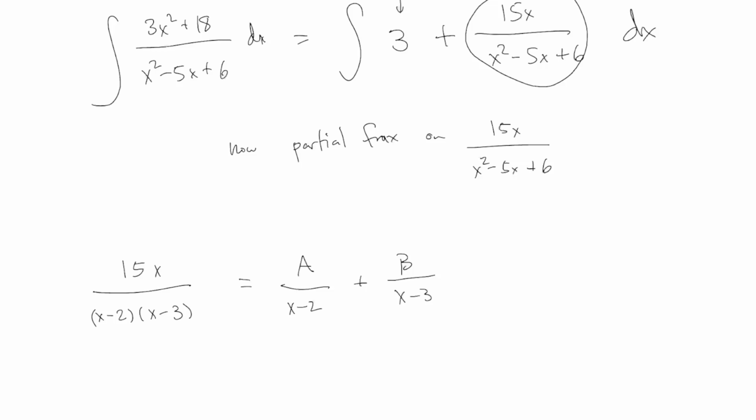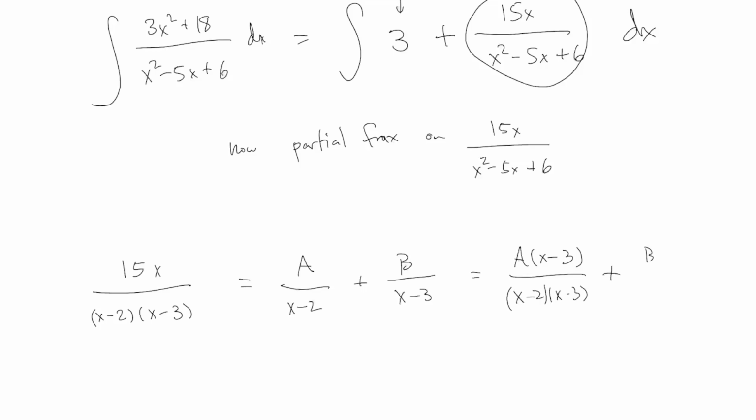And in order to figure out what the A and the B are, we have to add together on the right-hand side with the common denominator. So making the common denominator, I'm just going to have A times x minus 3 over x minus 2, x minus 3, right? That's the common denominator for the first one.